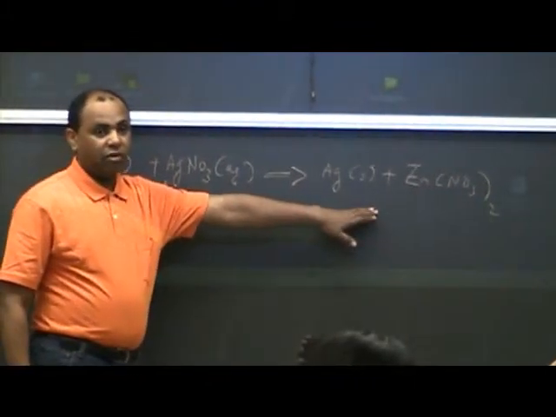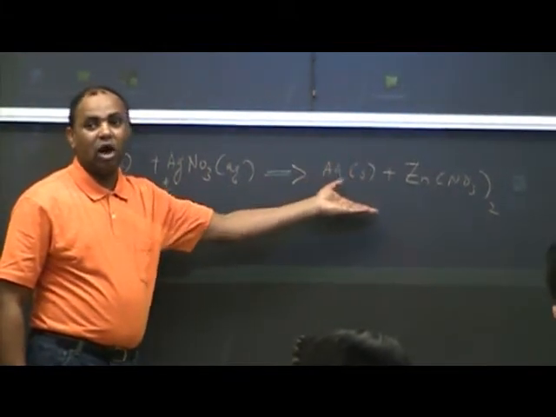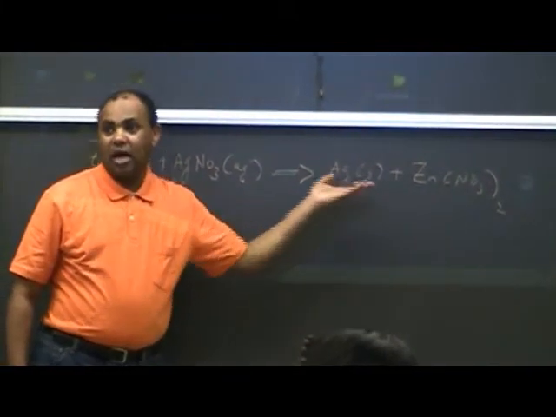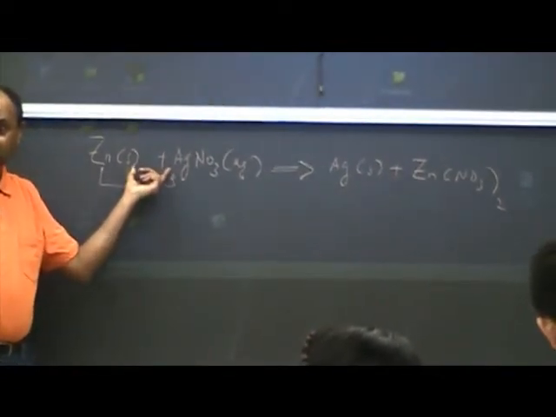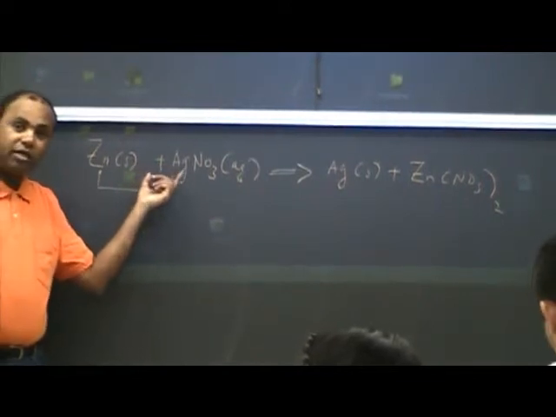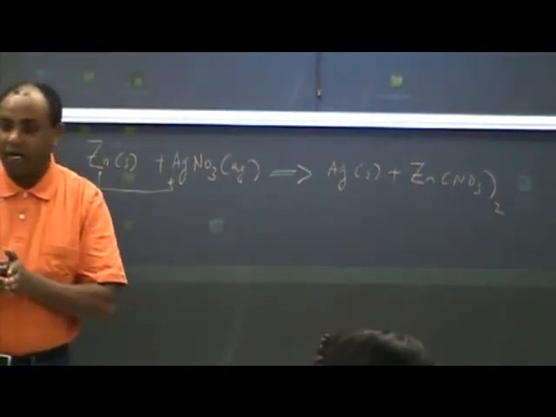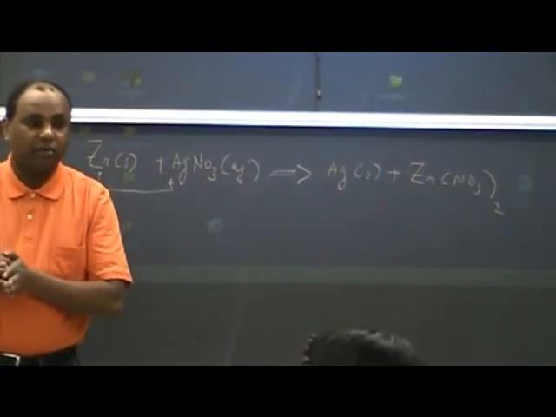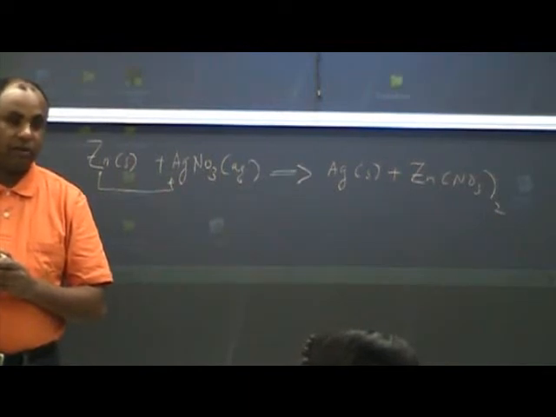Maybe you work with an economist and want to tell him how much product you get. That is determined by how much reactant you have, and by the amount of the limiting reactant, because the limiting reactant always determines the outcome.